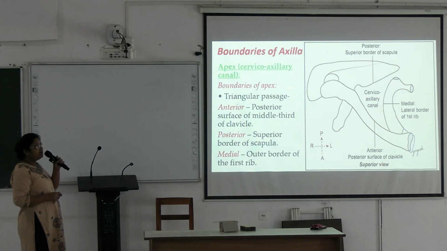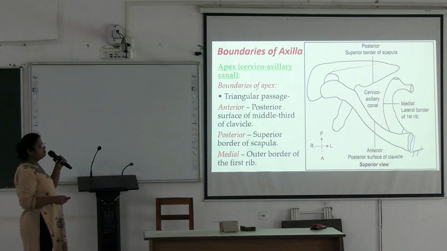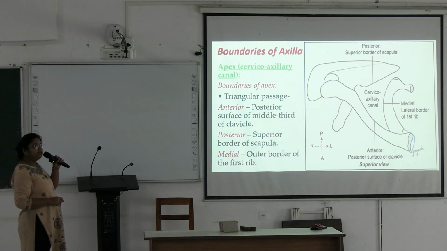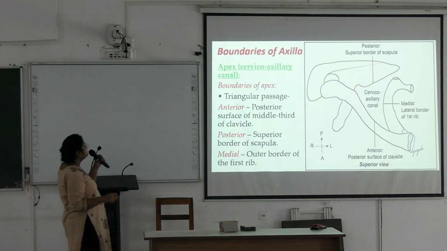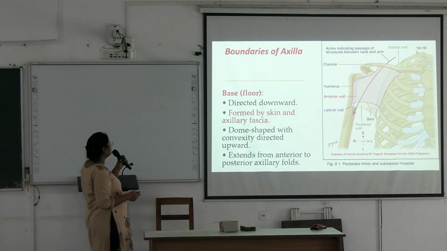This term is also asked in your viva, during bones viva. Anteriorly bounded by posterior surface of middle third of the clavicle. Posterior boundary is formed by superior border of the scapula, and medial boundary is formed by outer border of first rib. So these three together form the boundary of the apex.